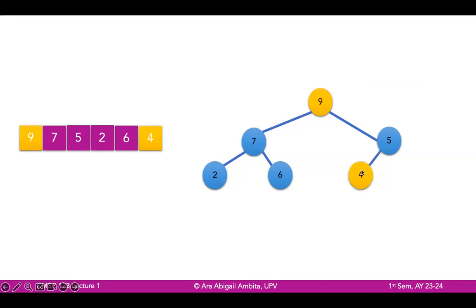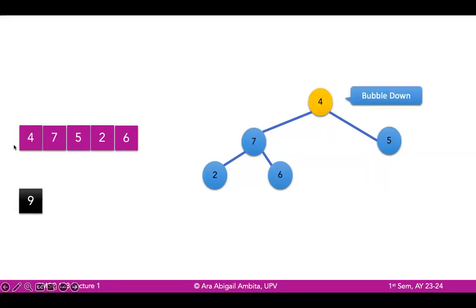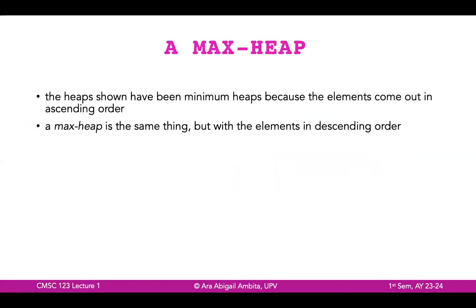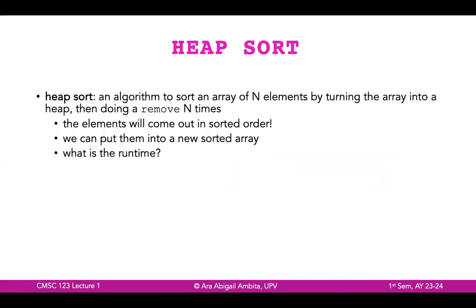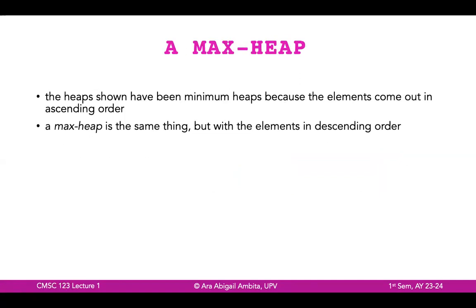And then the 4 would be on the root, and 9 would be removed and put in a new sorted array. And we are going to do this again by putting the 7 as the root and then removing it again and adding it into the new sorted array. So that's what we can do with heap sort using a max heap.